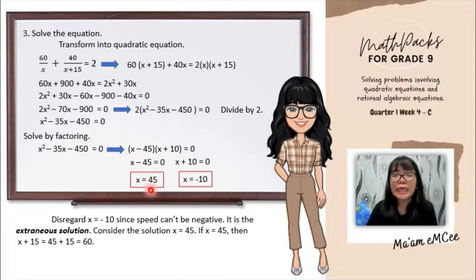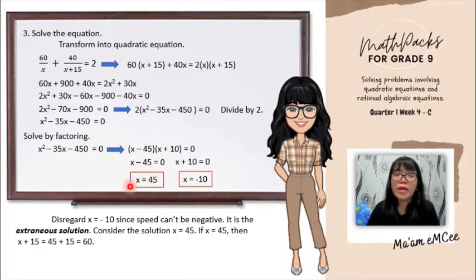And in this case, it can be an extraneous solution if that solution hindi pwede sa aton nga problem. Like this one, x is equal to negative 10, hindi pwede because x here is speed and we cannot have a negative speed. That is why x is equal to negative 10 will become extraneous solution. We will be considering only the solution x is equal to 45. So that will be our final solution.